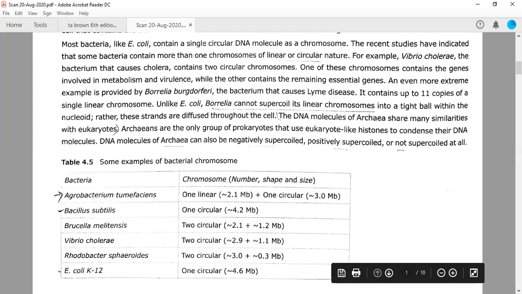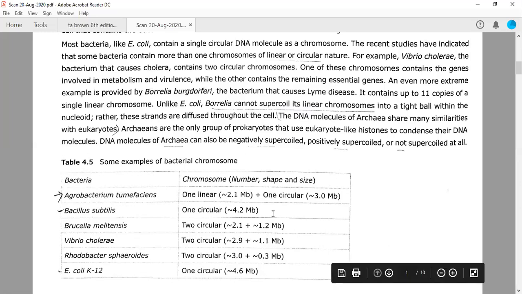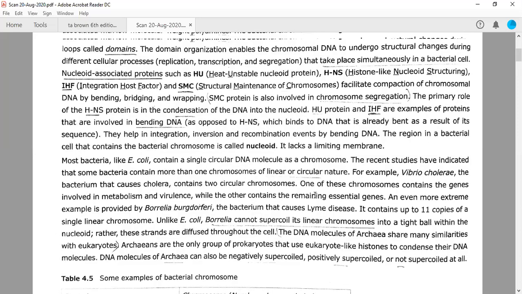But other bacteria, for example, Rhodobacter sphaeroides, have two circular chromosomes. Vibrio cholerae has two circular chromosomes. Brucella has two circular chromosomes, and so on. Here, Agrobacterium is important because it has both types of chromosome, one circular, one linear. Their sizes are also given, but you need not remember the sizes; you need to remember that they have linear and circular chromosomes.